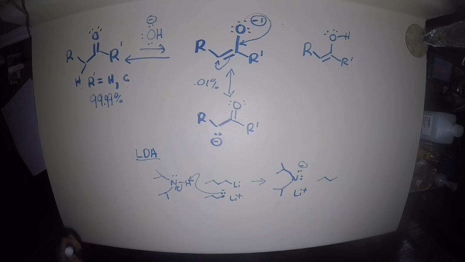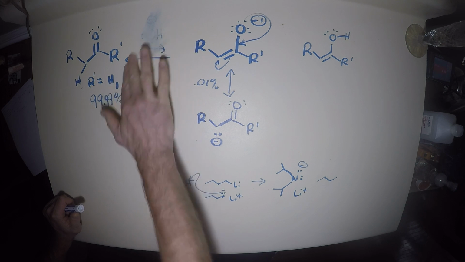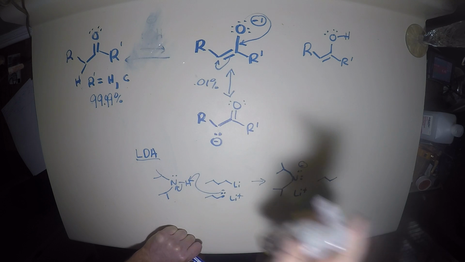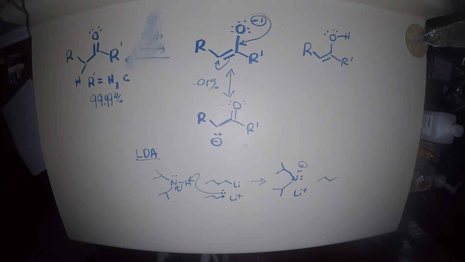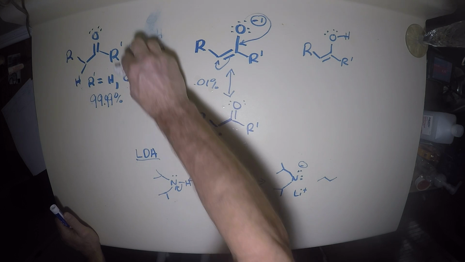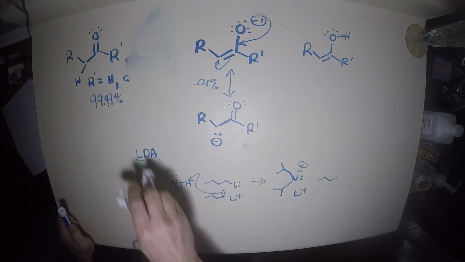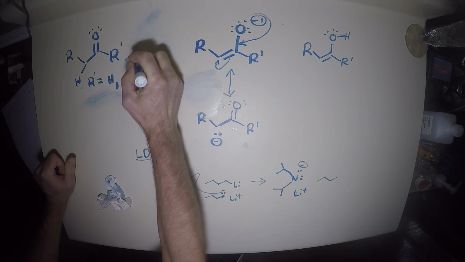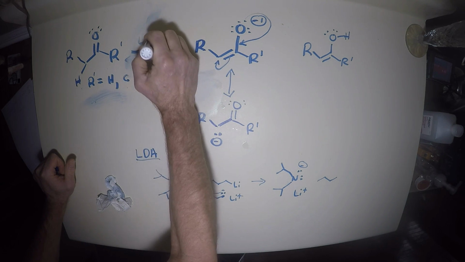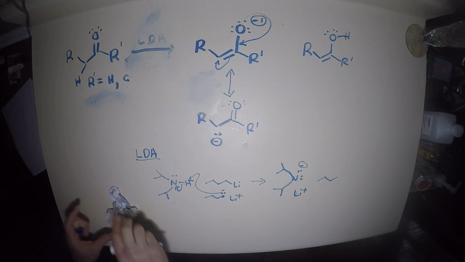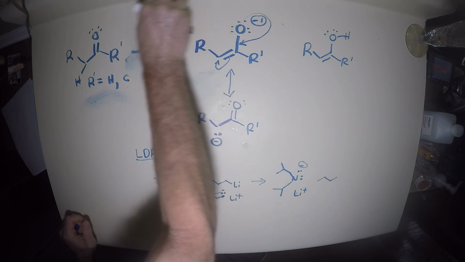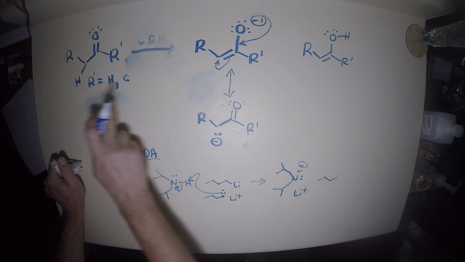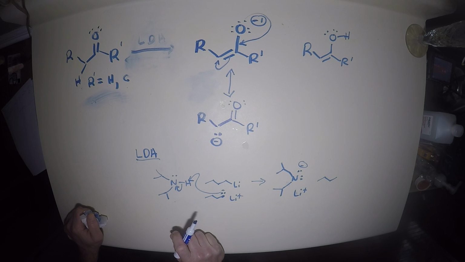So if we were to take our aldehyde or ketone and treat it with LDA, now we would get basically a full conversion of the aldehyde or ketone to the enolate.